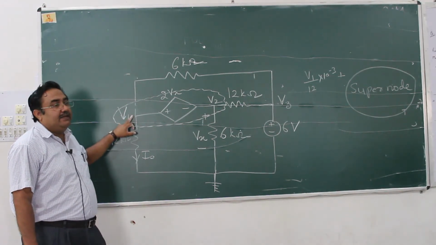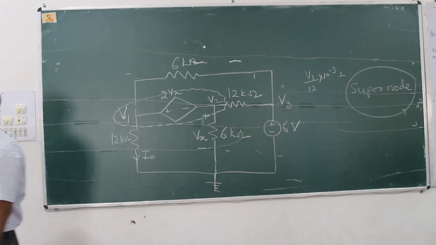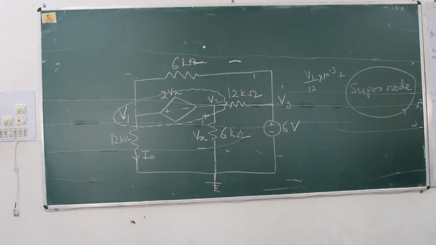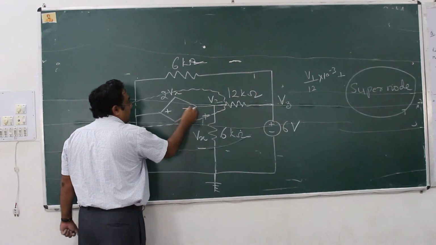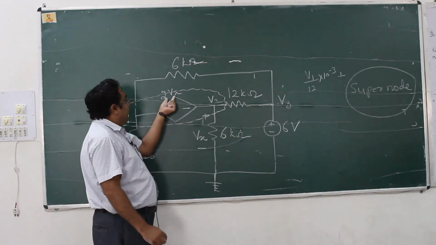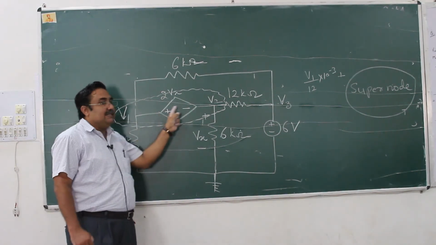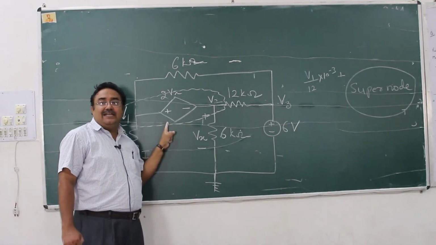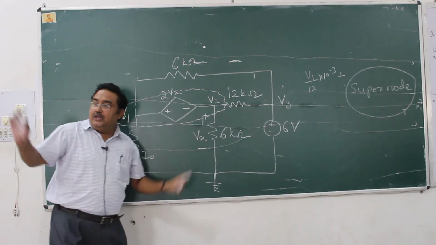If this is say V1, what will be the voltage of this one? See, very simple. What is this voltage? 2Vx. This is plus and this is minus. Plus indicates this is at higher potential and this is at lower. Do you agree or not?